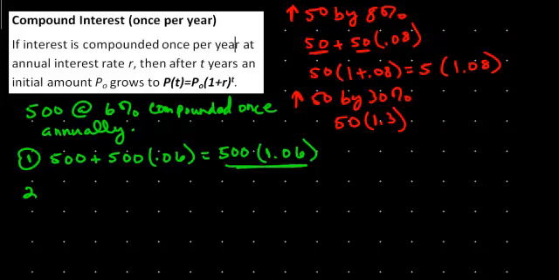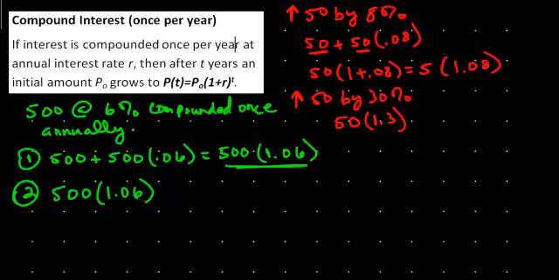So at the beginning of year 2, I have the same amount that I had at the end of year 1 with simple interest. But here's going to be the big key. I get to add interest to this whole thing.